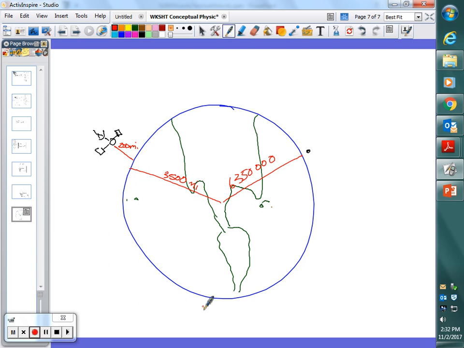Miles, not meters, just different because I can't remember how many meters it is off the surface of the earth. I know those numbers in miles a little bit more.